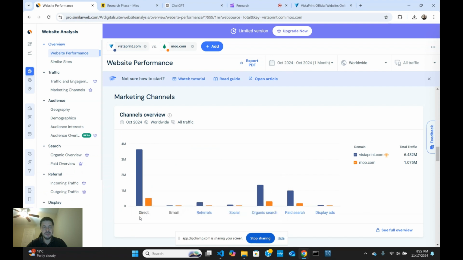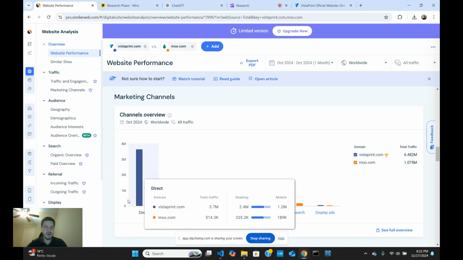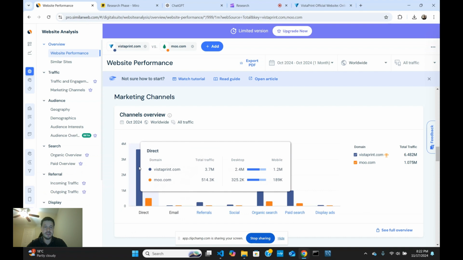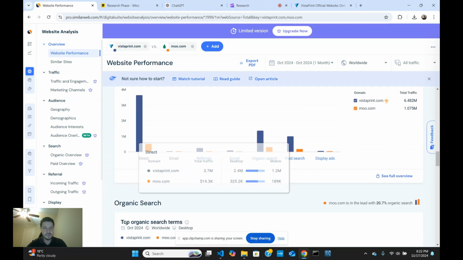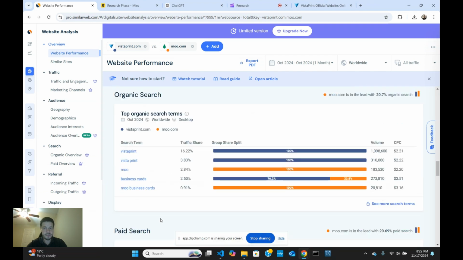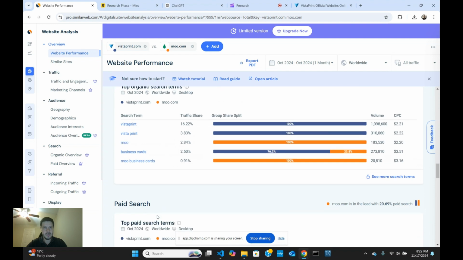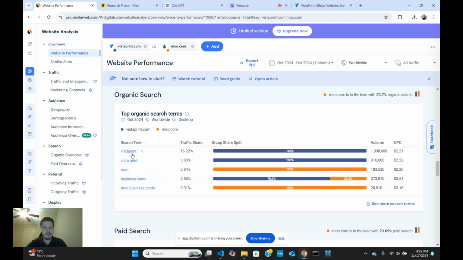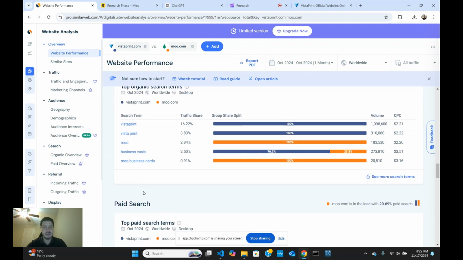So this tells me that the majority of those people accessing know exactly what they want to search, and they just type vistaprint.com. All right, and what is the search term if they're on Google? There are 2.5% of people just typing business cards, and they go straight away to the vistaprint.com page.